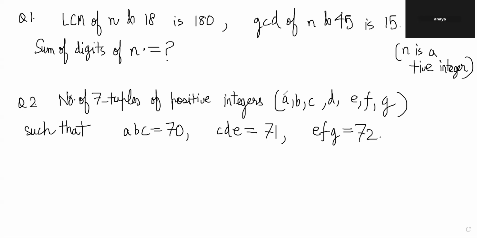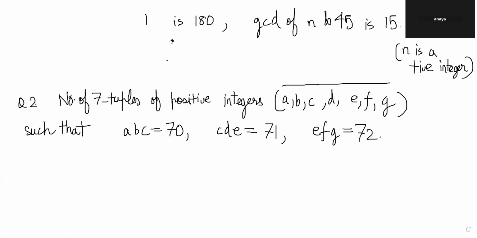You have to find how many such seven tuples you can make such that these three equations are true. And all of them have to be positive integers.